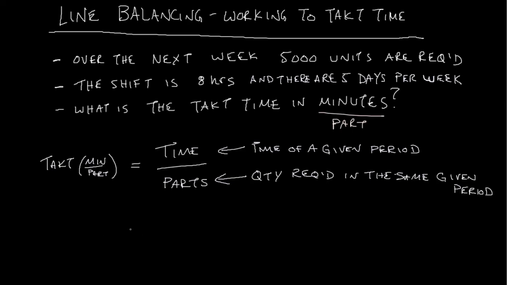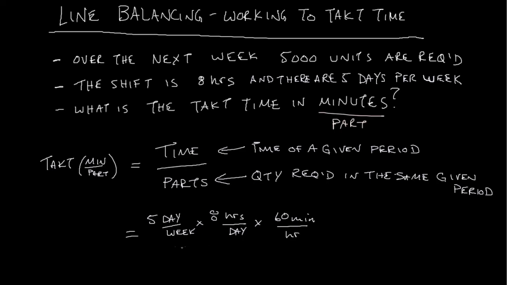So in this case, our time unit is 5 days per week, times an 8-hour shift. So there's 8 hours per day, times, and it says we want it in minutes, so there's 60 minutes in an hour.